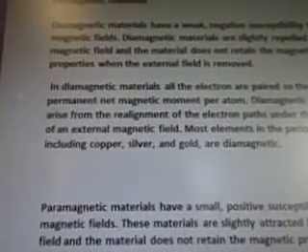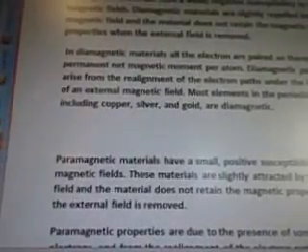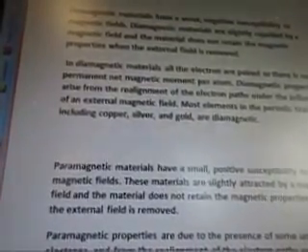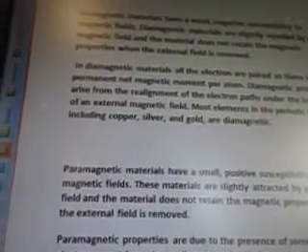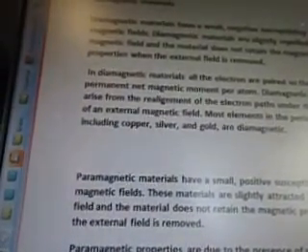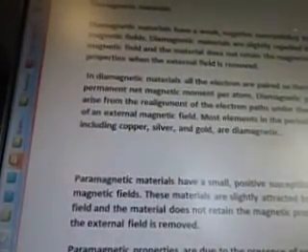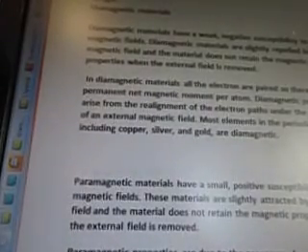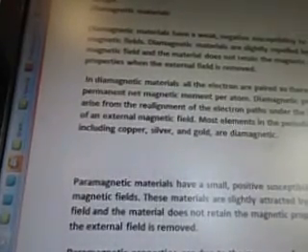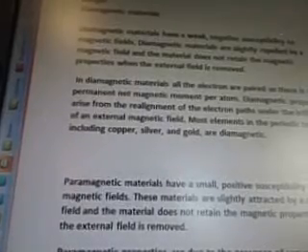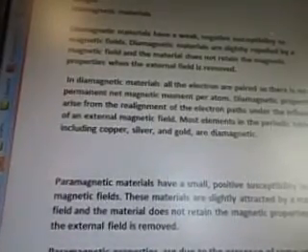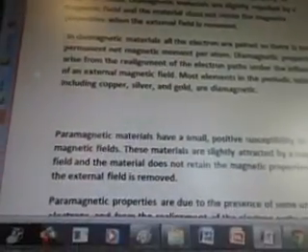That's very important. In diamagnetic materials, all the electrons are paired, so there is no permanent net magnetic moment per atom. Diamagnetic properties arise from the realignment of the electron paths under the influence of an external magnetic field. Most elements in the periodic table, including copper, silver, and gold, are diamagnetic.